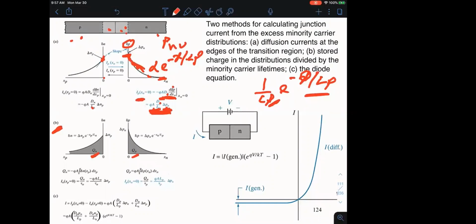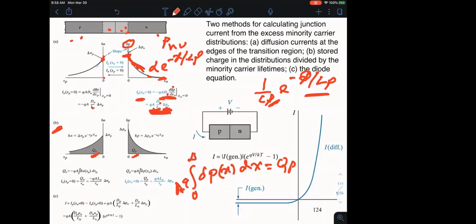The total stored charge would obviously be the area under this curve, right? Because you have to integrate delta p of x dx between 0, being the edge of the depletion region, to infinity. And that times the charge of the holes is what I'm calling Qp over here, okay? Times the cross-sectional area of the device, of course. All right?